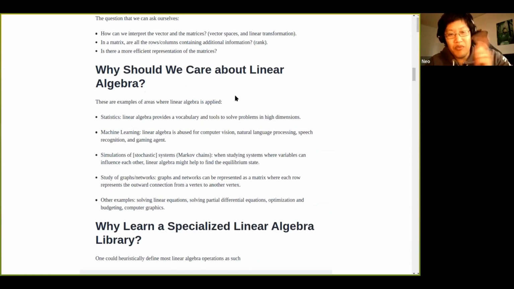And the reason why we want to make this as fast as possible is linear algebra is used in all these domains here: statistics, machine learning, simulations, graphs, and engineering, more or less, with optimizations, computer graphics, and solving partial differential equations. I can tell you more about the example. Linear algebra gives us a good vocabulary and good notation for solving problems when we have a lot of dimensions in our stochastic systems.